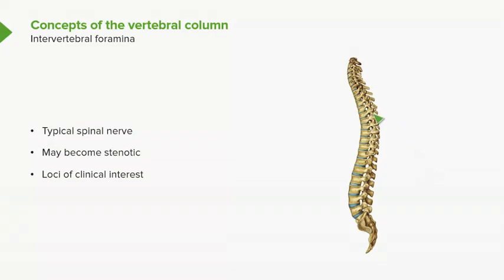And if we take a look, when we stack our vertebrae upon one another, we will see these openings or spaces here, and these are the intervertebral foramina. And the typical spinal nerve will be transmitted at each of these particular levels as we move up or down the vertebral column.